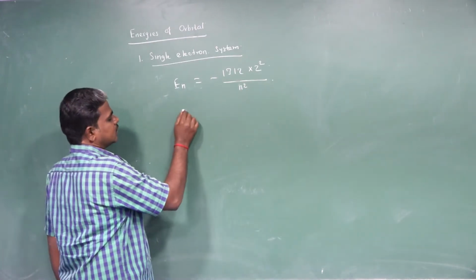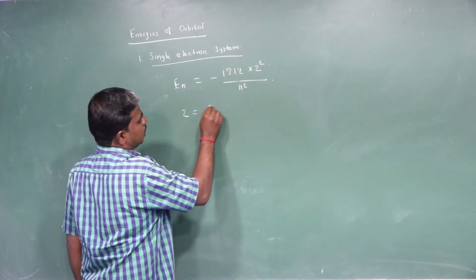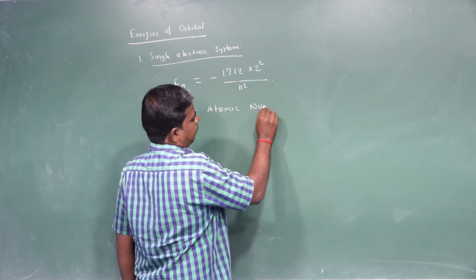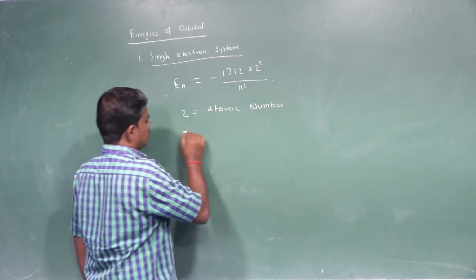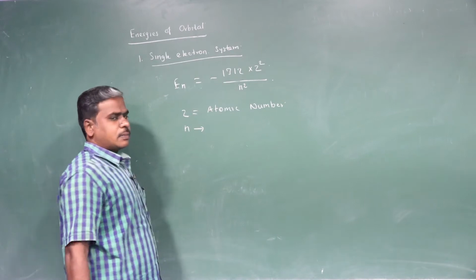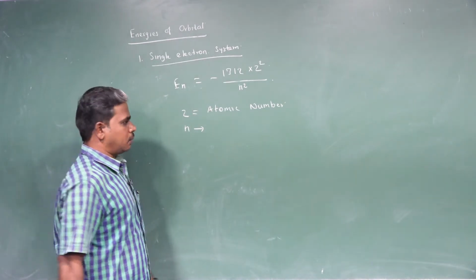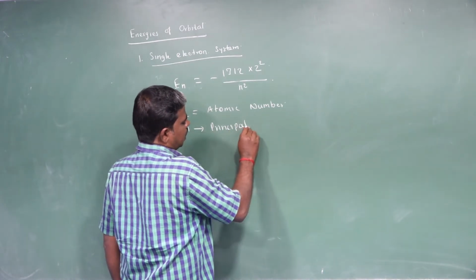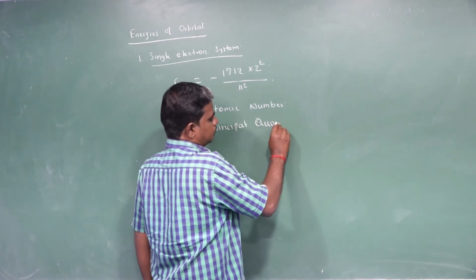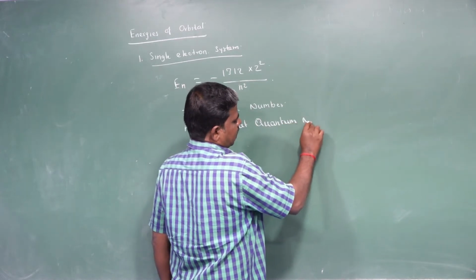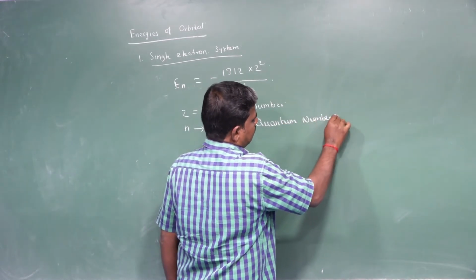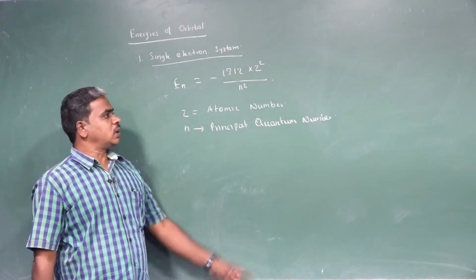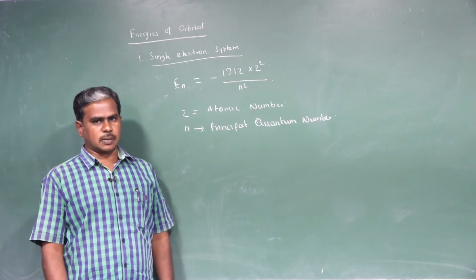Now, Z here is nothing but the atomic number, and n represents the principal quantum number. According to this equation, the energy of the electron depends on the principal quantum number.